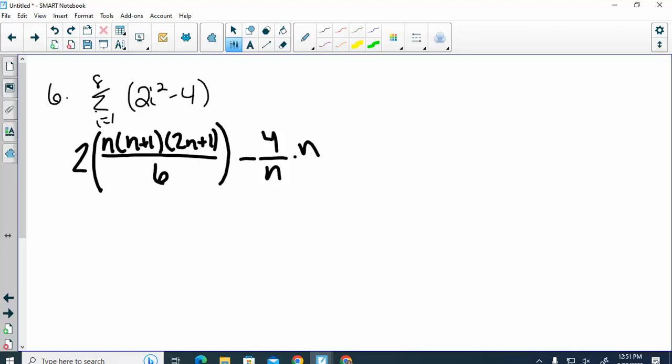What's the n? 8. So we could go ahead and use that. So yes, this is a formula, but if our n is 8, so we're going to do 8 times 9 times 17 over 6 minus, this would just be 4 times n, which is 8. And then we just grab a calculator.